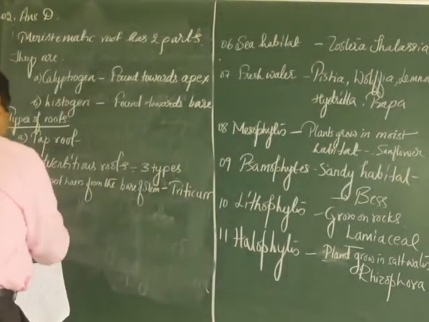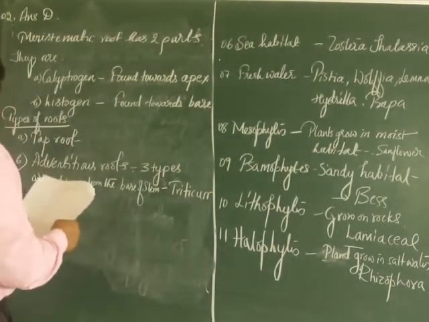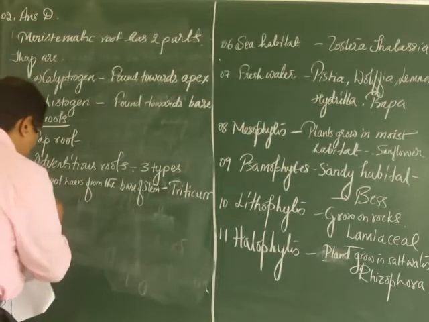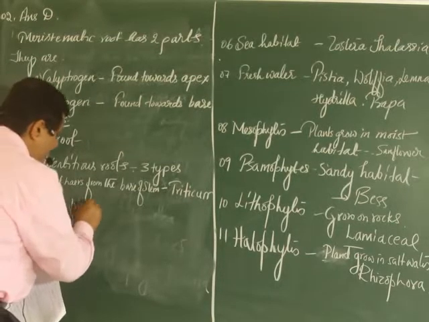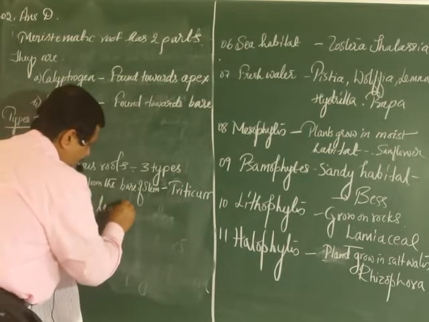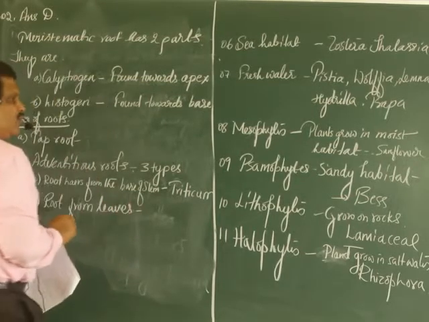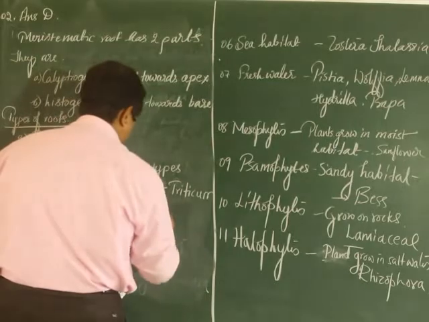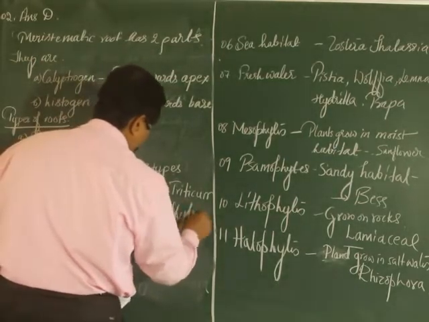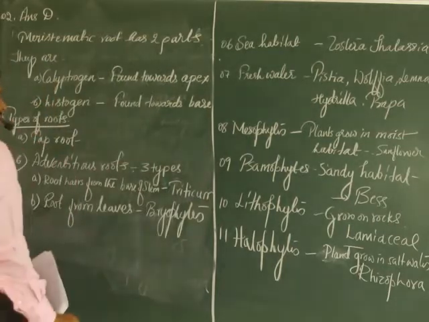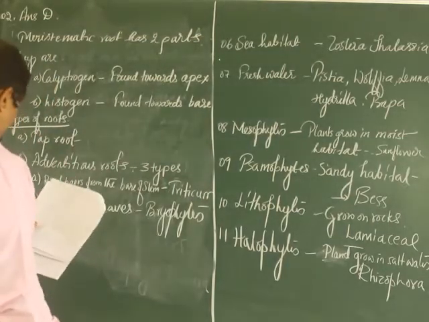And the second category of root, roots from leaves. Roots arise from leaves. Such type of roots are found in bryophytes.